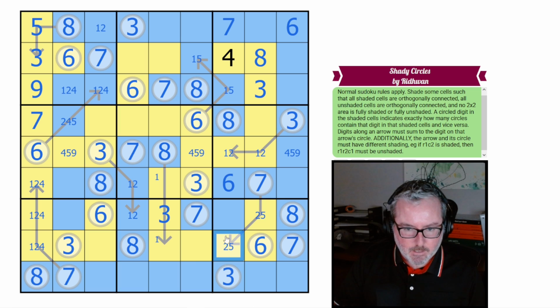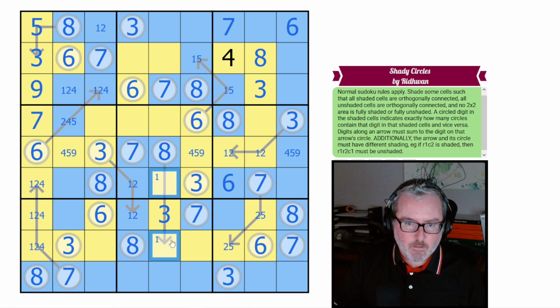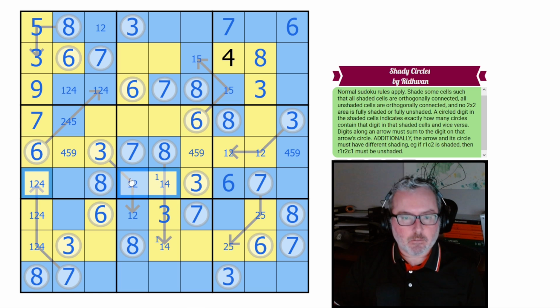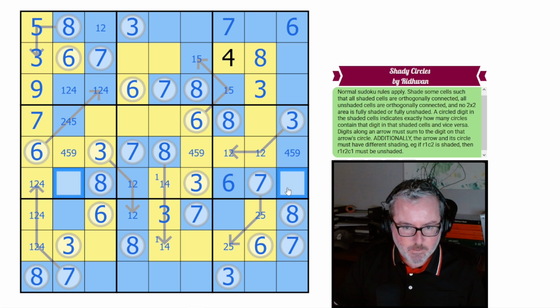Again, we still don't have the 2 or the 5 sorted, but we're going to have to get there eventually. This is a 1, 4 pair because we have the 8, so it's a 1, 3, 4. 1, 2, 4. We do now going across this row, so we can do something here. These are 5 and 9.